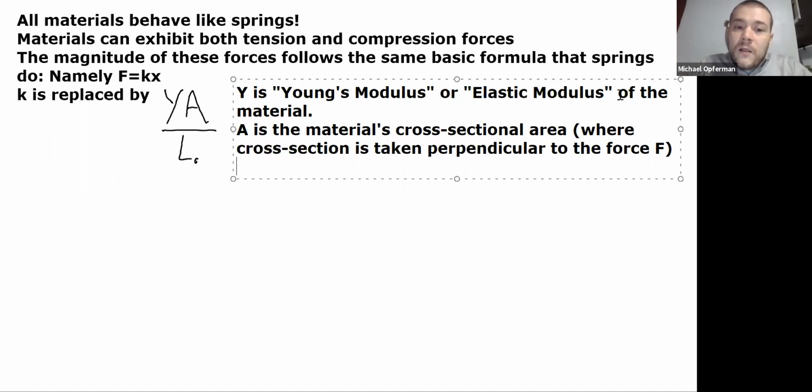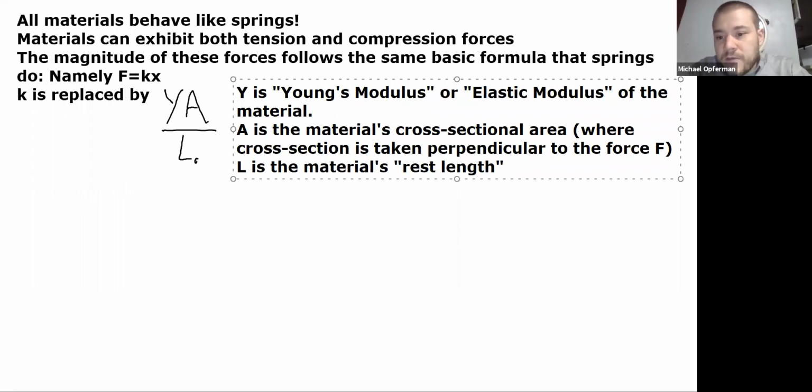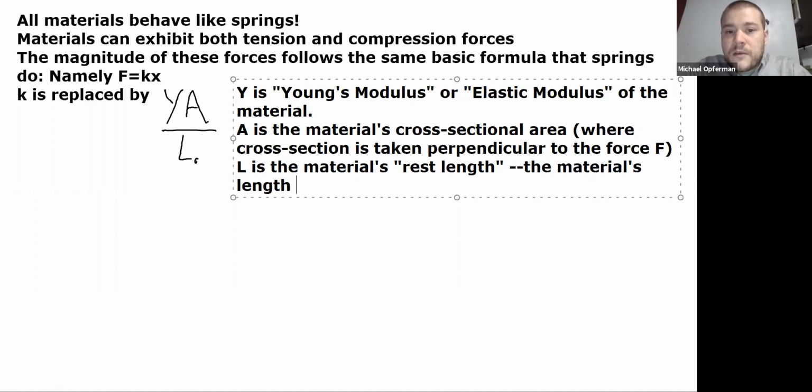And then L, oftentimes we use L subscript 0 to emphasize what I'm about to say. L is the material's rest length, basically. It's analogous to the rest length of the spring. It's the material's length when it is not stretched or compressed.